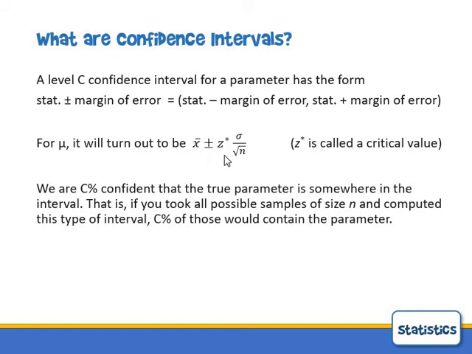And z star is the value that you go out to capture a certain percent of the standard normal distribution. By multiplying it by sigma over square root of n, you're finding how far you go out in the regular normal distribution, or in any normal distribution based around mu and sigma over square root of n. So that's the formula.